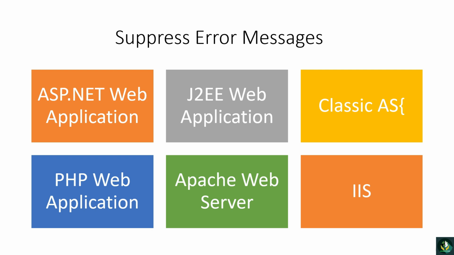The second one is a J2EE web application. In the web.xml file, configure the error-page element with an error-code and location element, and this will be effective for resources that are specifically handled by the Java application server only. Classic ASP. IIS must be configured to suppress the detailed ASP error messages.